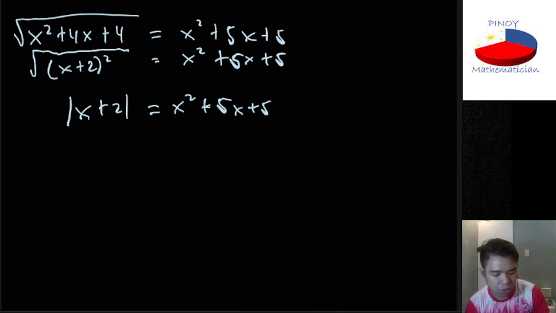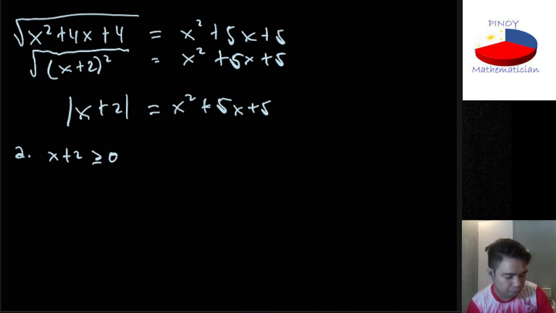So there are two cases: x plus 2 is greater than or equal to 0, or x plus 2 is less than 0.